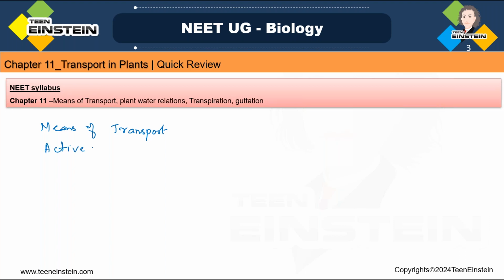And in passive transport we have learned about diffusion pressure, facilitated diffusion, carrier proteins, channel proteins, then what is osmosis. Then in osmosis we have learned about hypertonic solution, isotonic solution and all. Then we have learned about plasmolysis, imbibition. So all these concepts we are learning under means of transport.